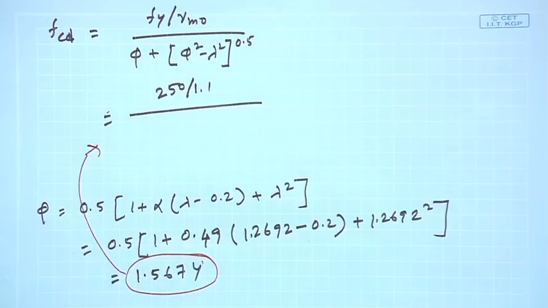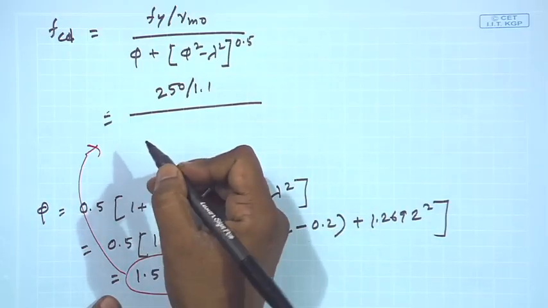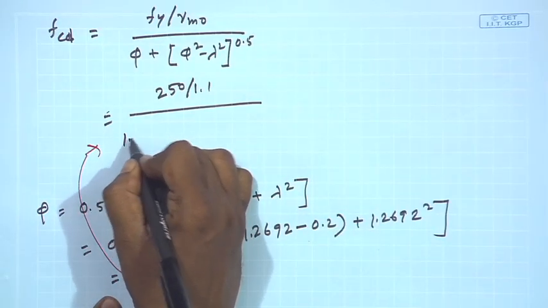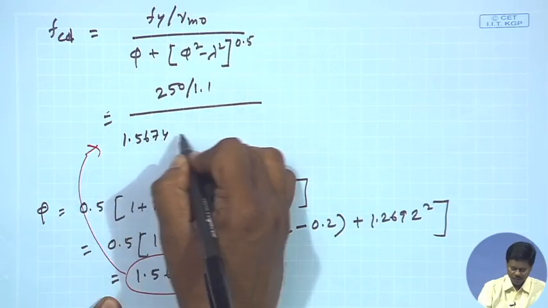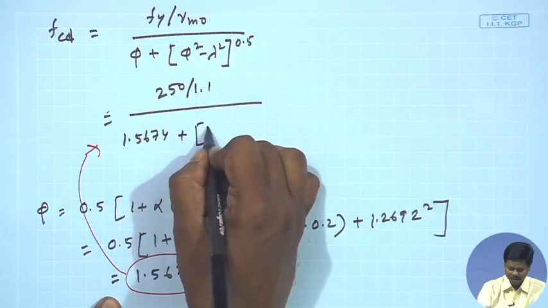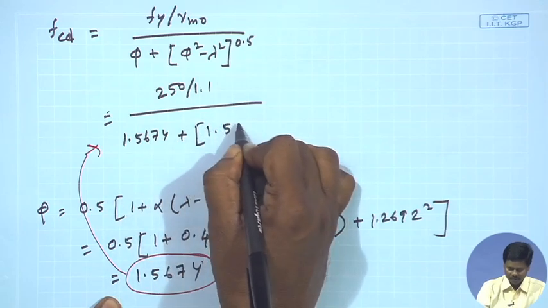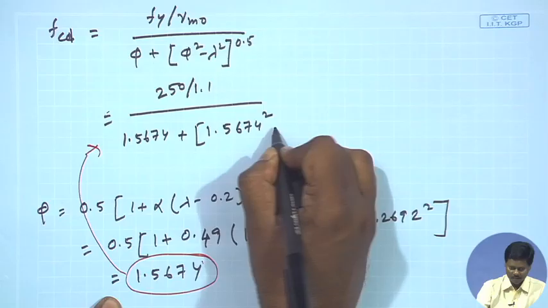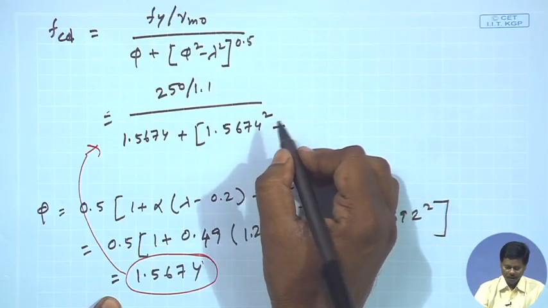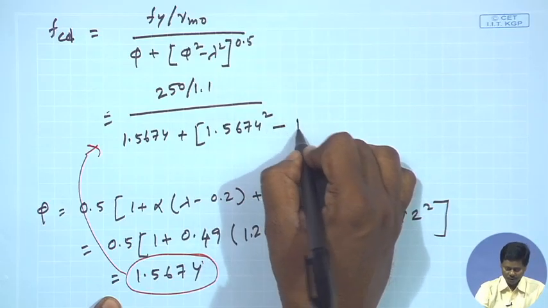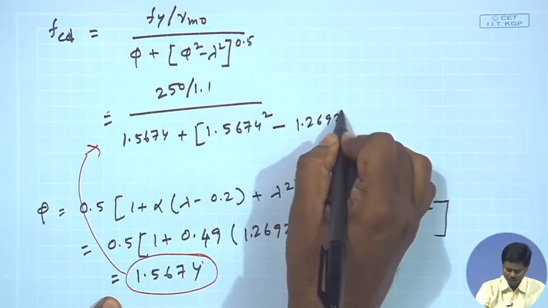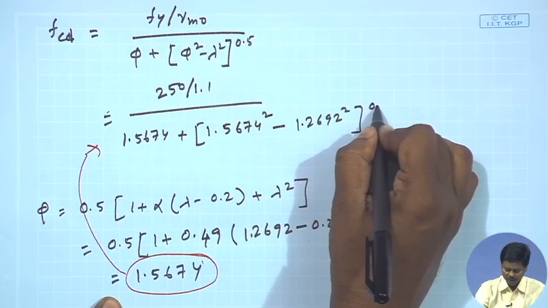Now, this phi value will be used here. So, phi can be written as 1.5674 plus square root of 1.5674 square minus lambda square, lambda value we got 1.2692 square, whole to the power 0.5.